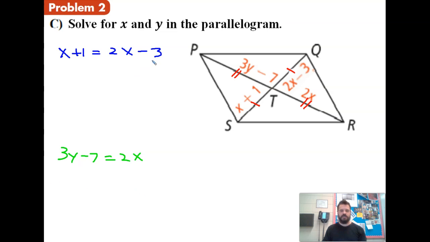All right, so let's go ahead and solve the equation with only the x's first. I'm going to subtract x from both sides, which gives me 1 is equal to x minus 3. And then add 3 to both sides. We get x equals 4.